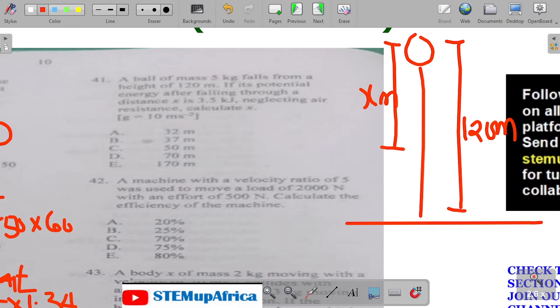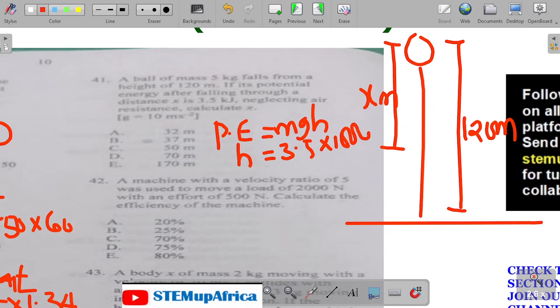We know that PE is equal to mgh. So h is 3.5 times 1000, converting into joules. The mass is 5, the gravity is 10. So that is 3500 divided by 50, which will give me 70.